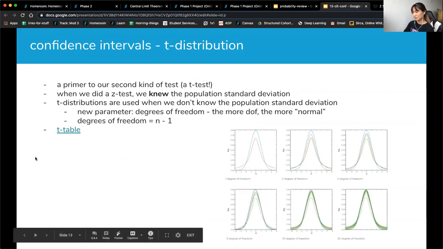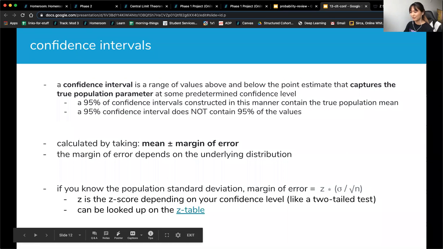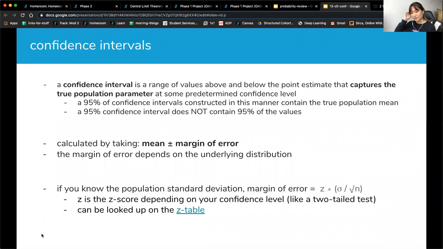So, questions about that first before we move on. I will say this particular way of doing confidence intervals is not the way that we will be using confidence intervals. We will literally just be given numbers, and we just need to know how to interpret them.